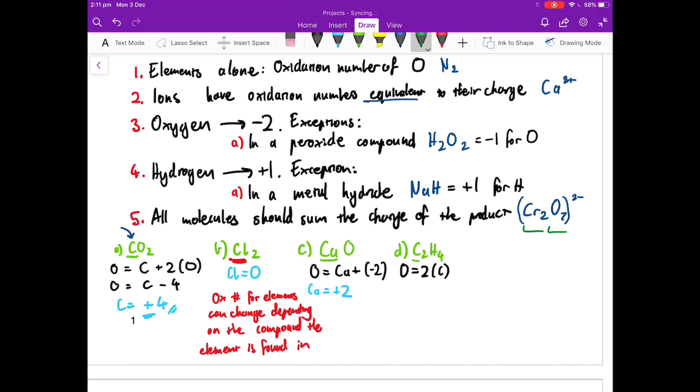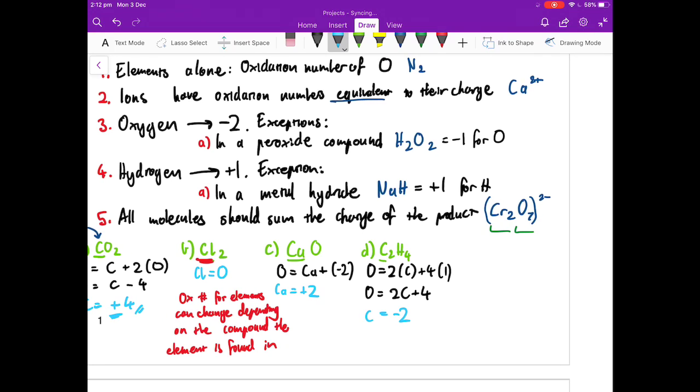And then we also know that hydrogen has an oxidation number of +1. So it's 2 times the carbon value plus 4 times +1. So in this case, we work it out to be 0 equals 2C plus 4, and thus the oxidation number of carbon equals -2. All right, now let's move on and do question E.